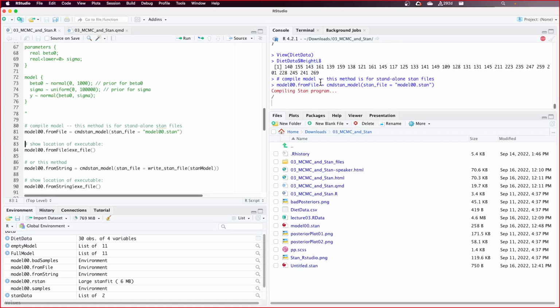If I don't delete this first, it won't compile. It then begins compiling the program. If you have an error in your Stan syntax, this is where you'll find it. It says compiling Stan program. And then you'll see in my folder, there's this file that doesn't end in any extension named model00. That's the actual executable itself. That's what runs it.